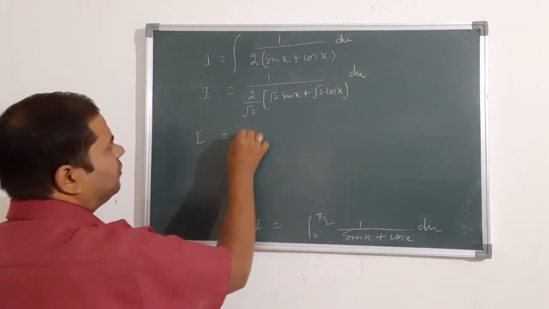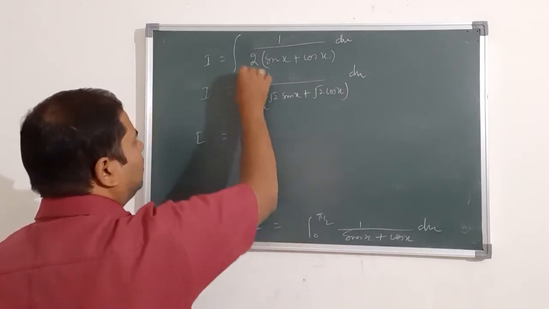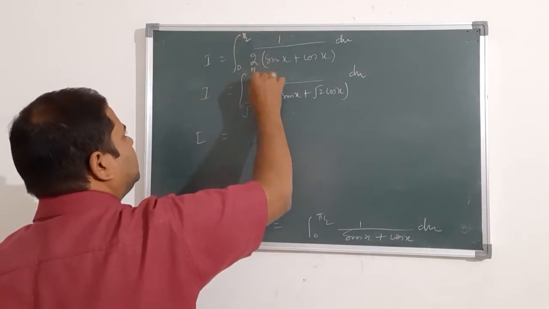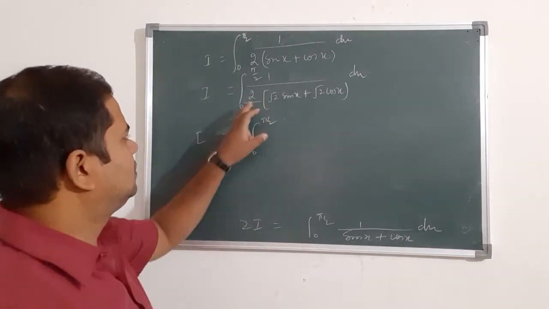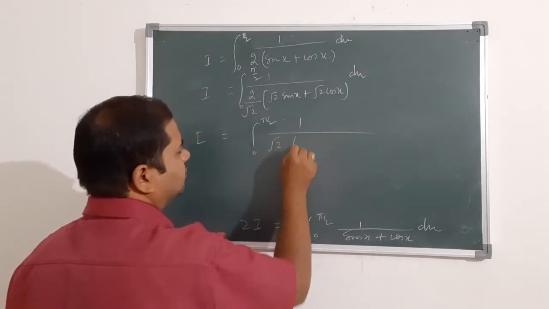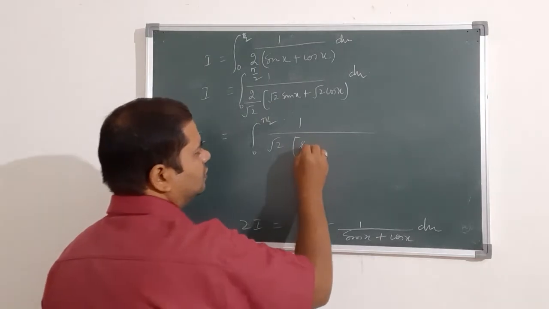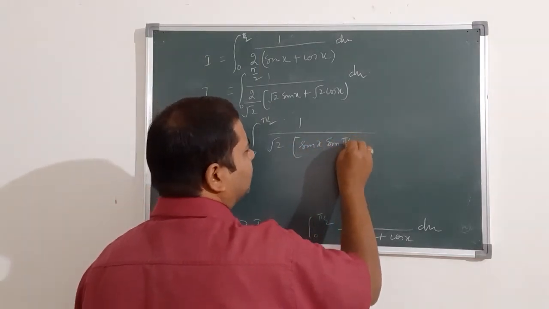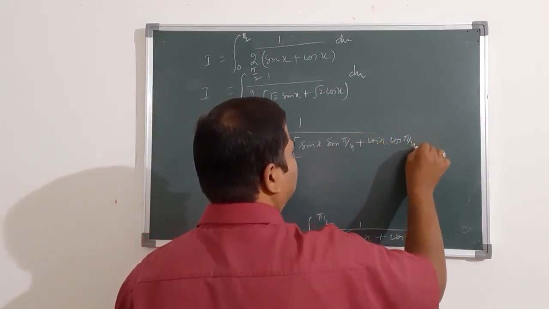Now we will get 1 upon root 2 simply, integral from 0 to pi by 2, and this is nothing but sin x cos pi by 4, sin x sin pi by 4, you can write, no problem, plus cos x and cos pi by 4 you write, okay?